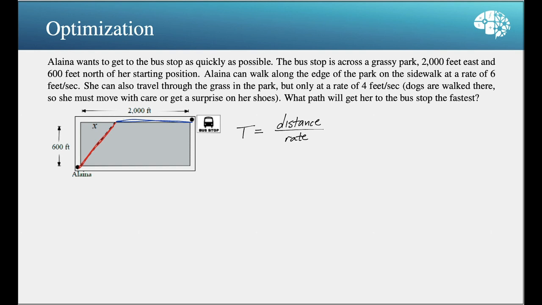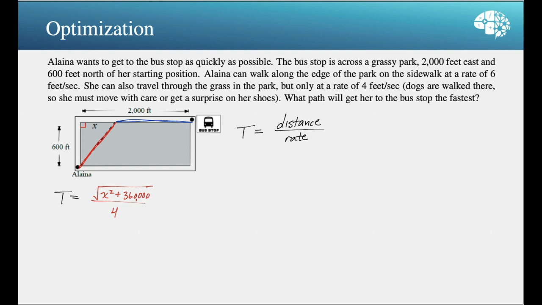So we have t equals, for this first part, this red portion, we know the rate is the 4 feet per second. But for the distance, we're going to find that by doing the Pythagorean theorem. We've got a triangle here, leg lengths of 600 and x, and then this distance is the hypotenuse. And so using the Pythagorean theorem, we can get that distance is the square root of x squared plus 600 squared, or 360,000.